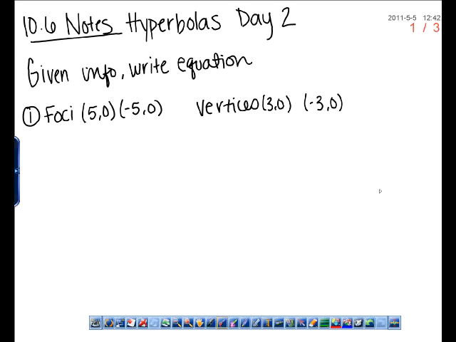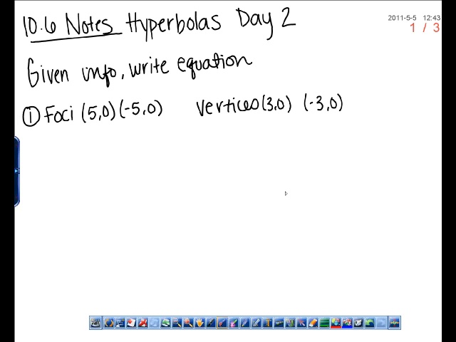Okay, so let's think about this. We're given that the foci are at 5, 0 and negative 5, 0. And we are given that the vertices are at 3, 0 and negative 3, 0. So what did we do first to start with on ellipses? Okay, but even before that, let's plot what we know.